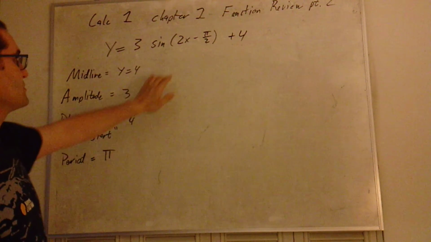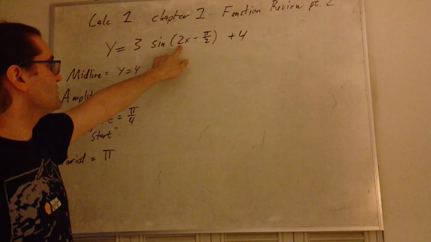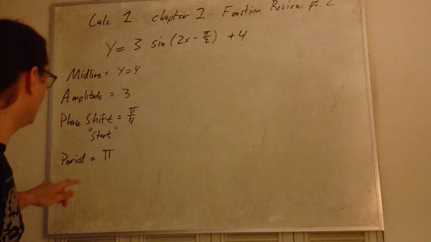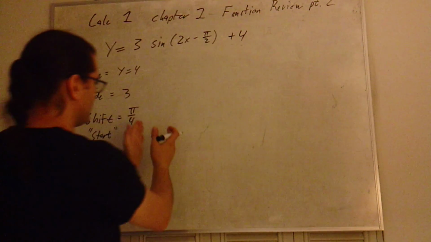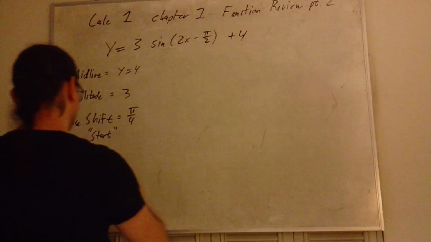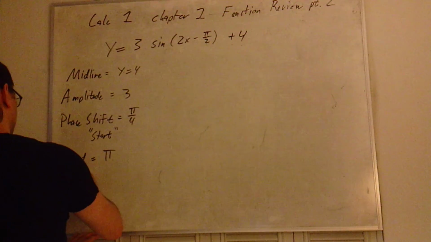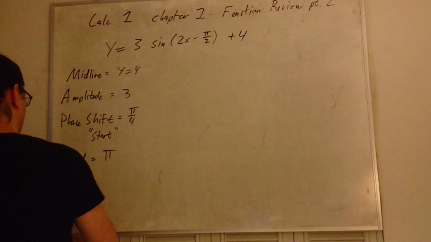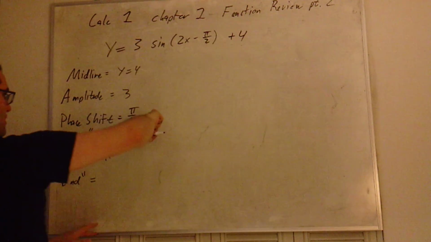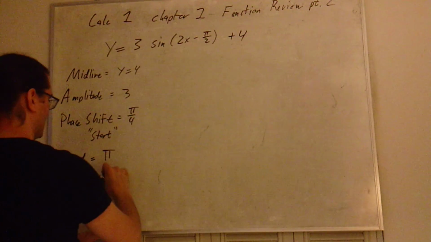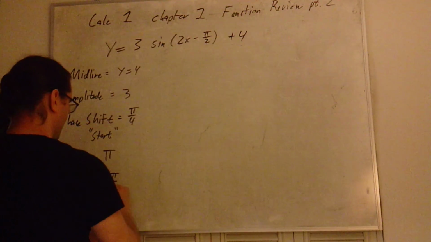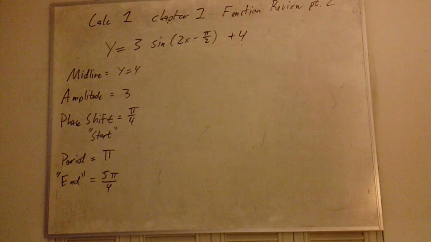Generally, the period is always going to be 2 pi divided by whatever this number is. So we have a period of pi. That's the distance from the start to the end of one period, which means that the end will be this starting value plus this distance, so I should get 5 pi over 4 as my ending value.